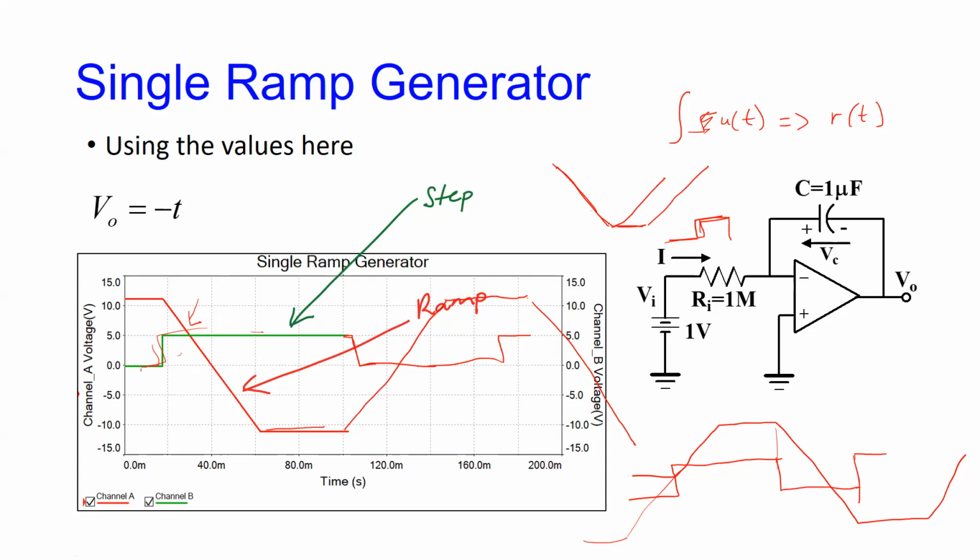So if I time it right, so that as soon as this voltage reaches this point the step input switches from a positive to a negative going step, I could make the thing automatically integrate that, and it charges up here. Then as soon as it reaches here, it automatically switches the input again, and then I'm going to get a triangle wave being created here. All right, fair enough?